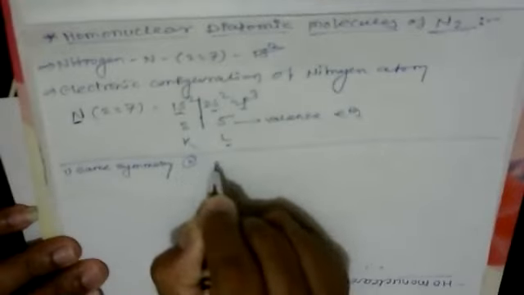What is MOT? One orbital overlaps with another orbital to form a new orbital, also known as a molecular orbital. If two atoms come together, three principles must be satisfied. First is the same symmetry. Second is comparable energy.